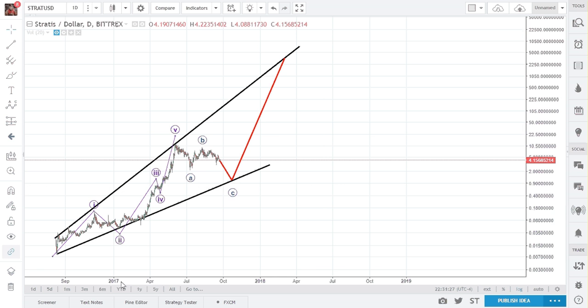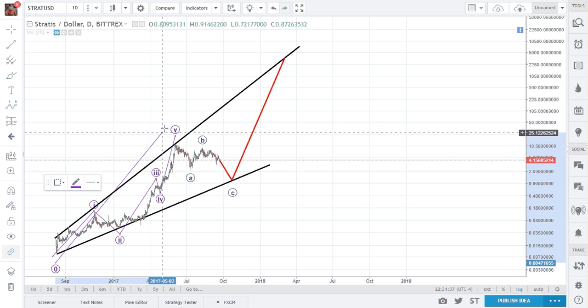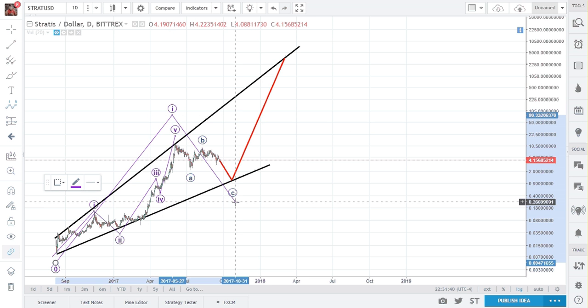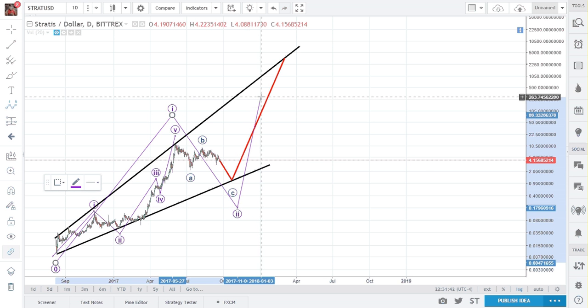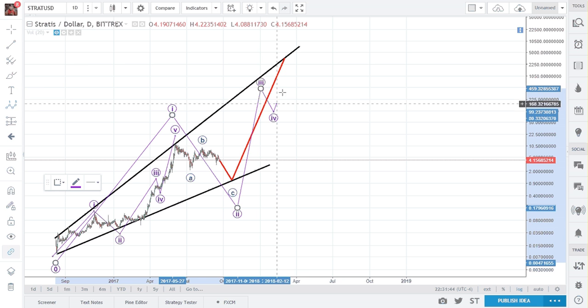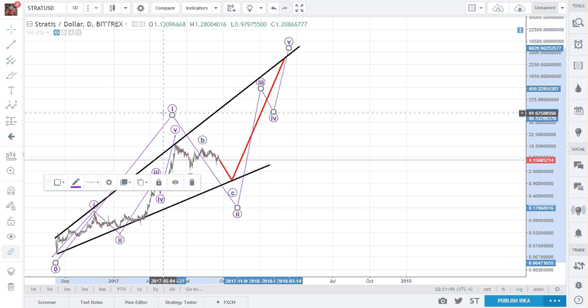Something to that effect. So then you have 1, 2. Let me give the higher order waves. 1, 2, 3, 4, 5.